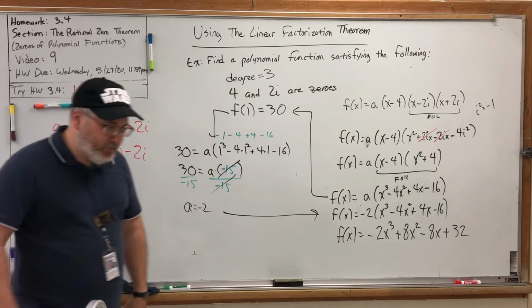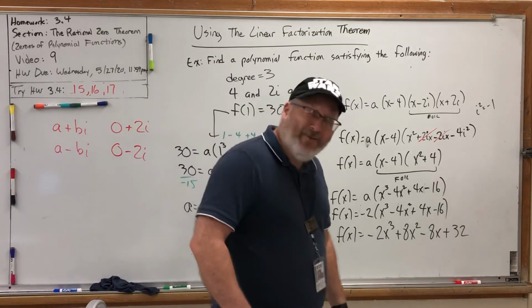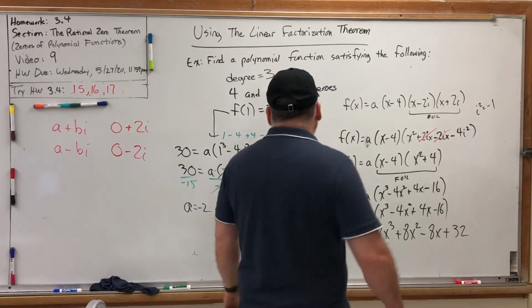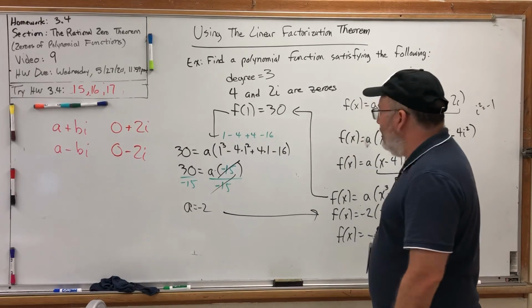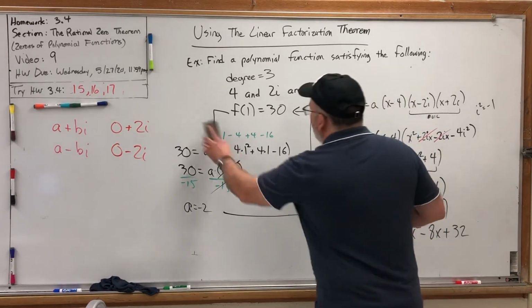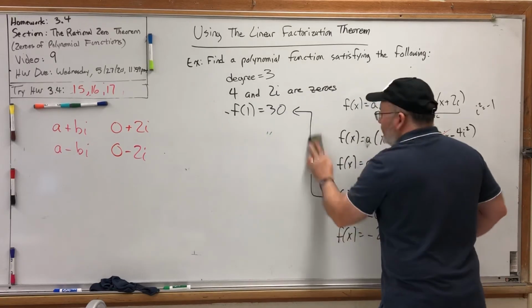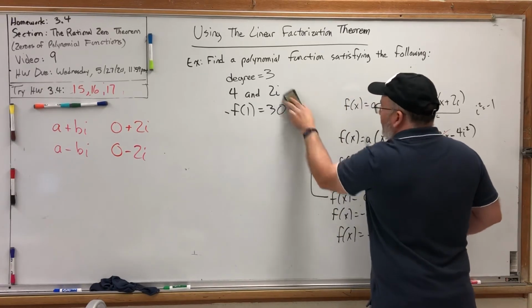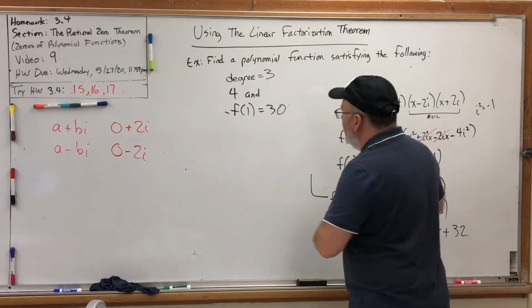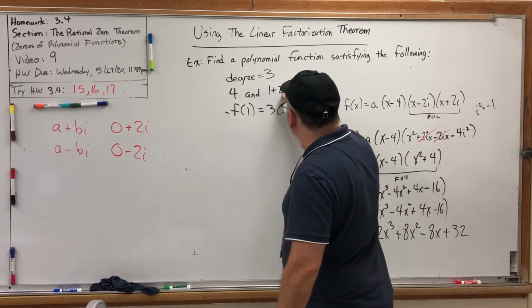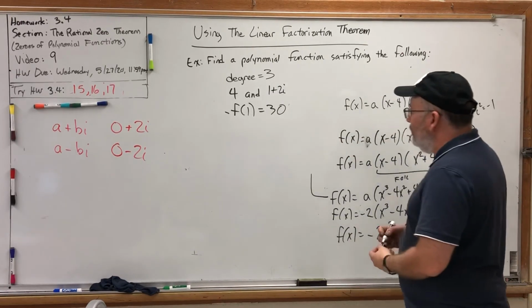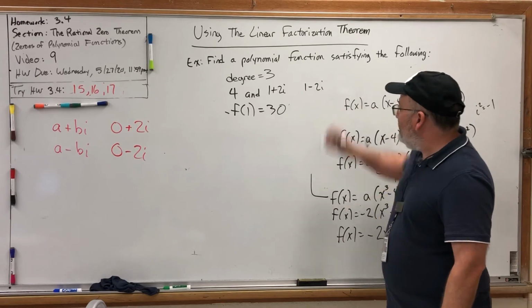I do want to warn you, for full disclosure, that this problem could have been a lot worse, because not all complex zeros are just imaginary. So for example, it could have said 1 plus 2i is a zero, which would imply that so is 1 minus 2i.